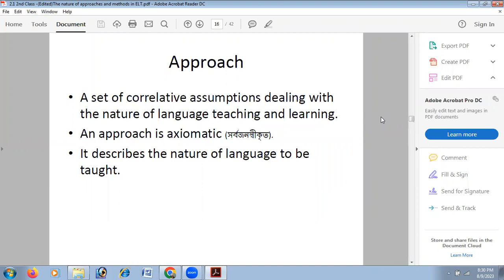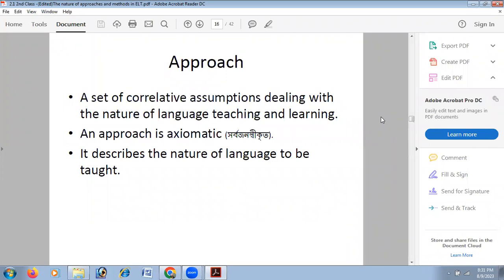Another assumption is that if we think listening improves our speaking, that is our assumption, and that assumption can later be established. We all agree that we learn language by listening. So that assumption becomes axiomatic. Everybody agrees that we learn language by listening.